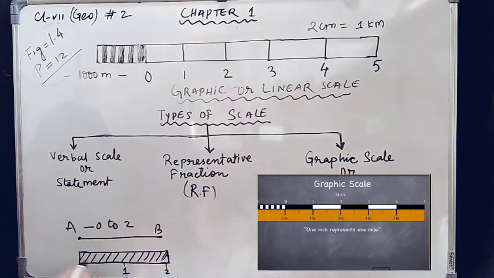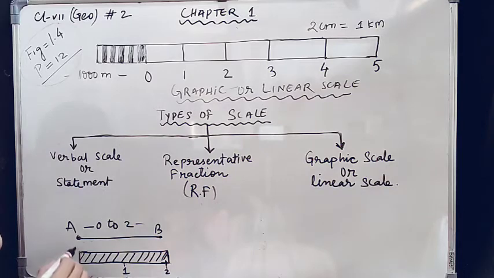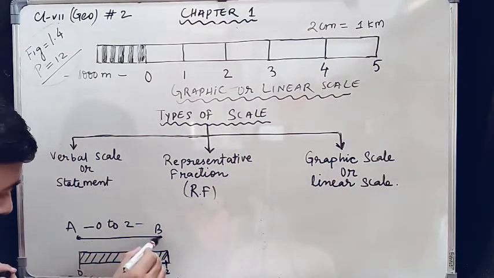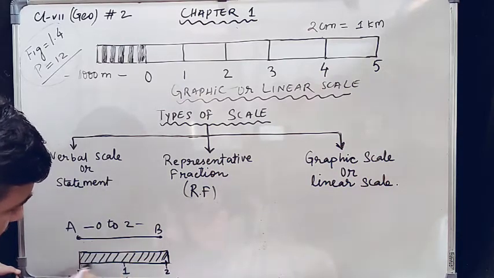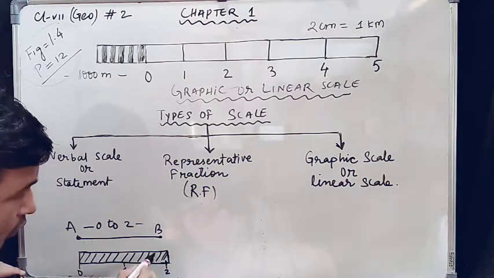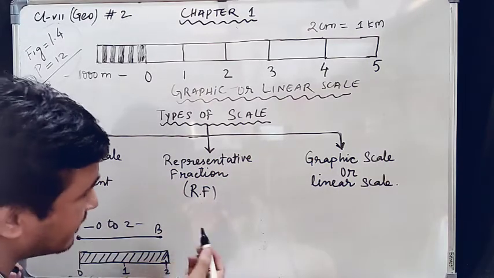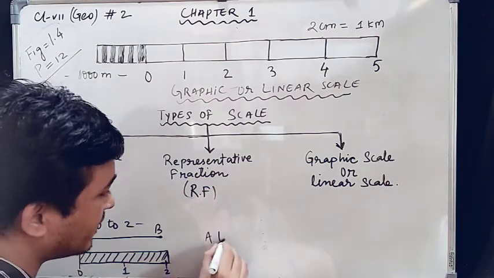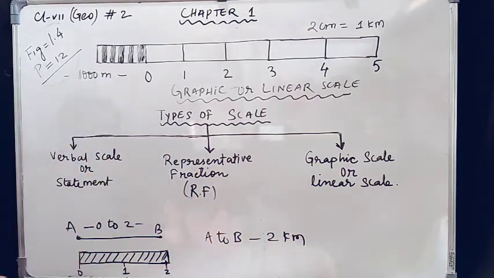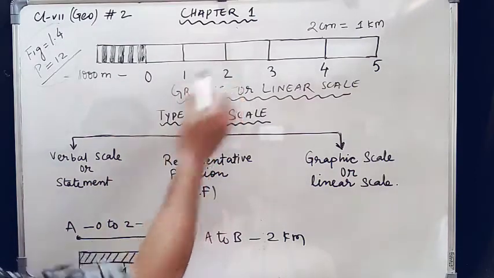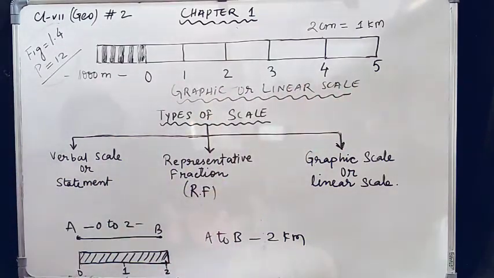When we place 0 at station A and station B falls at 2, the distance between them is 1 kilometer from 0 to 1 and 1 kilometer from 1 to 2, so in total 2 kilometer. Each part represents 1 kilometer.